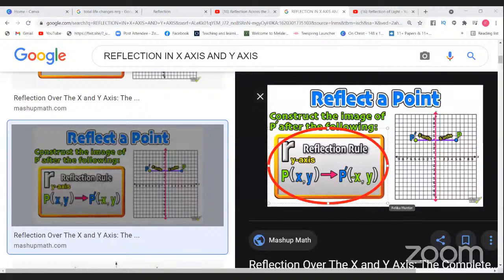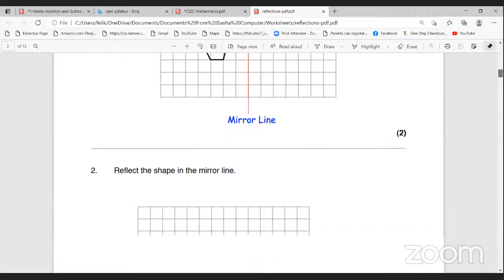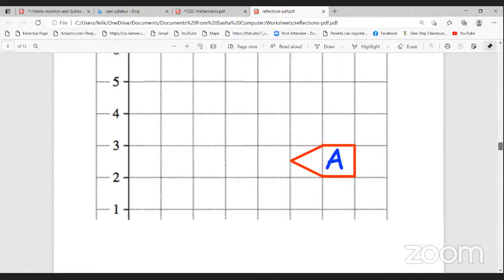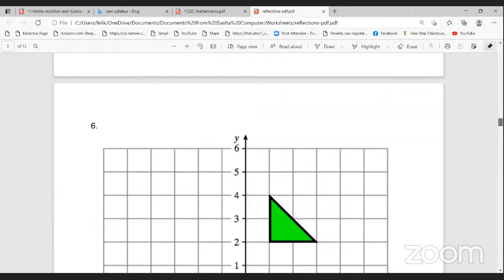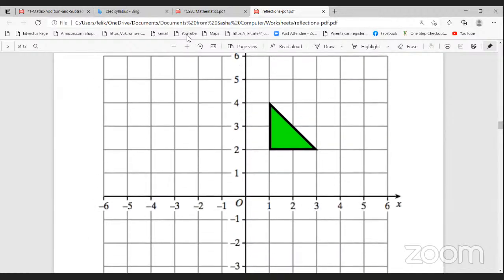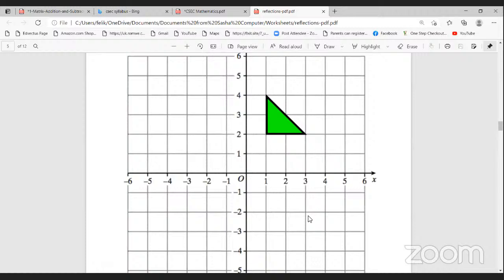All right, so come here now. We're going to share. We're going to reflect this in the x-axis.